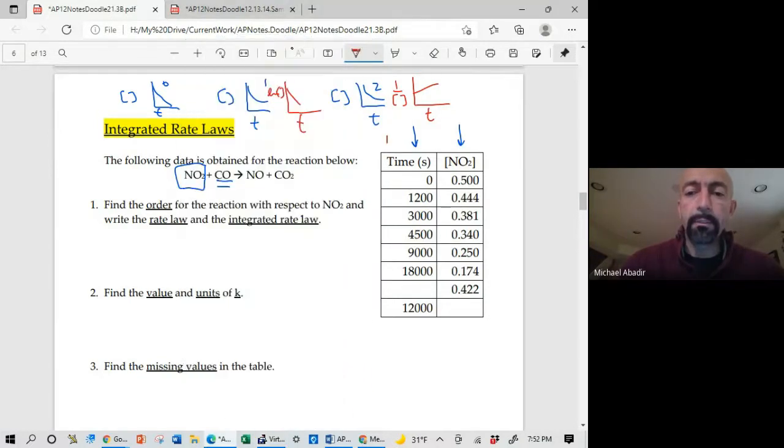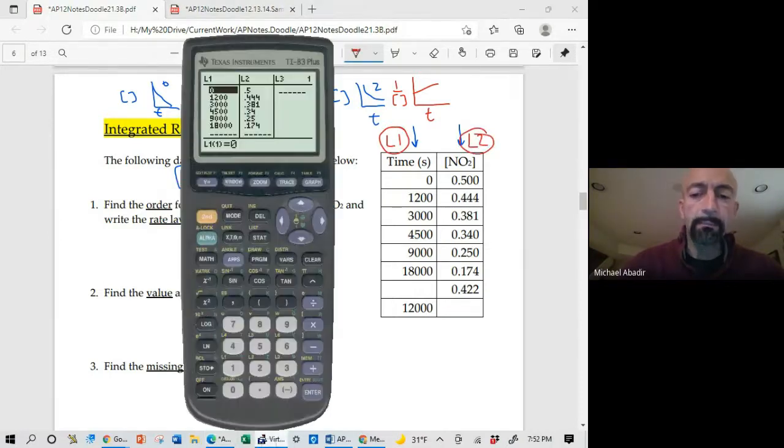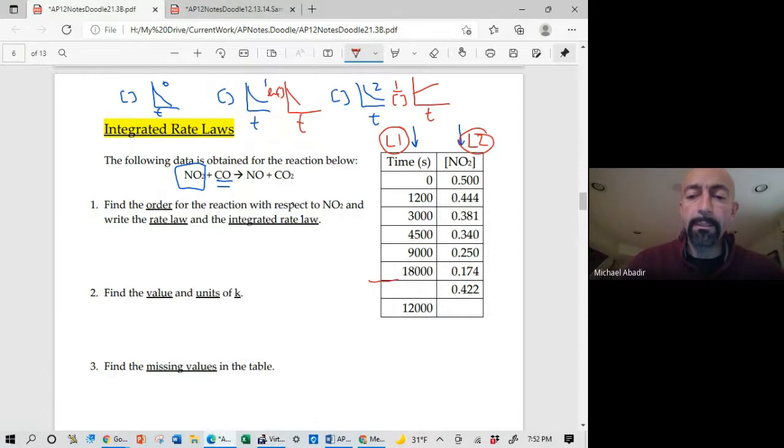So I'm going to write here list 1, and here list 2. You're going to go ahead and type these into your calculator. Here they are. You just use these arrow keys to go down, and then you go to the right. You can go up, type all these in. Make sure that when you type these in, you only go up to the 18,000 because the other ones don't have data for that.